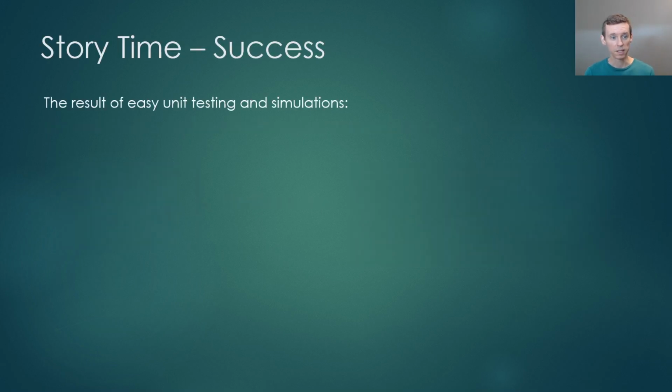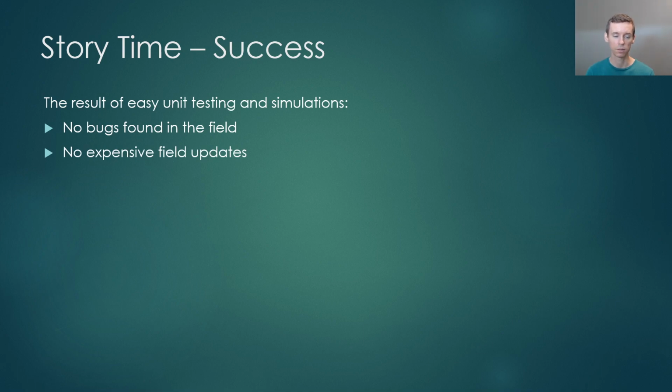So overall, it was a huge success. The result of easy unit testing and simulating in my lab: we didn't find a single bug in the field in years of deployments. No expensive field updates. Even in my current work, with some of the products that we work on, if you have to send out a technician to the field or rely on a dealership to go out to a farmer's field and do an update, it's hundreds of dollars per hour.